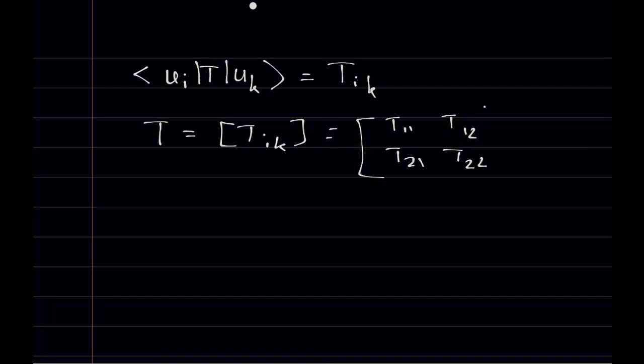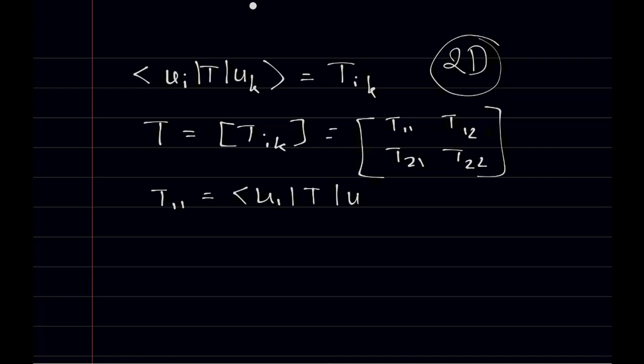We are sometimes taking examples of 2D so that things go simple. Now what is t11? t11 is nothing but the first basis here, the t operator here, and the first basis here again. Similarly, t12 is the first basis here and t acting on the second basis, and so on. So this is the beauty of working with an orthonormal basis set.